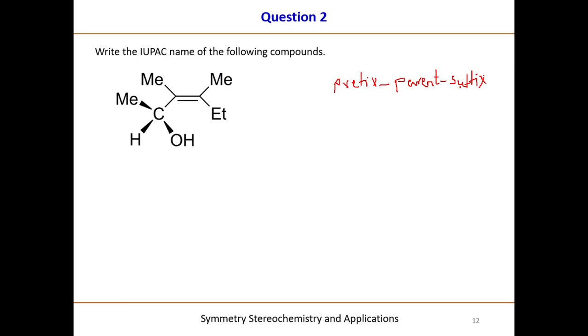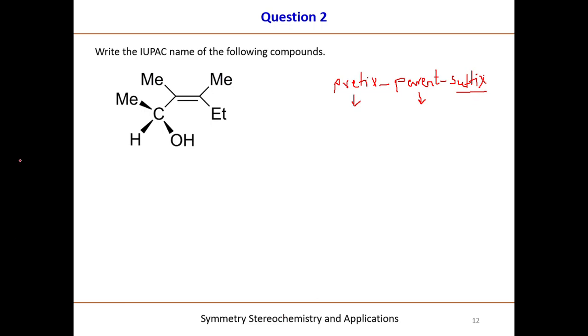So, what are prefix, parent chain, and suffix? Prefix is nothing but the substituent present on the parent chain. Now, let's talk about the parent chain. Parent chain is nothing but the longest linear carbon chain of any molecule, and suffix is the highest priority functional group present in a molecule.